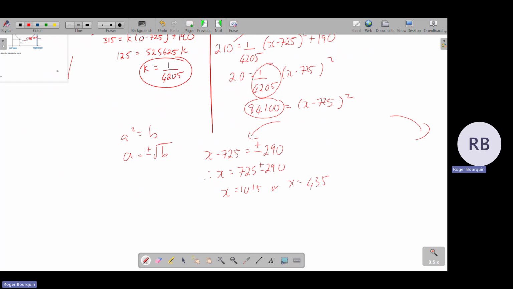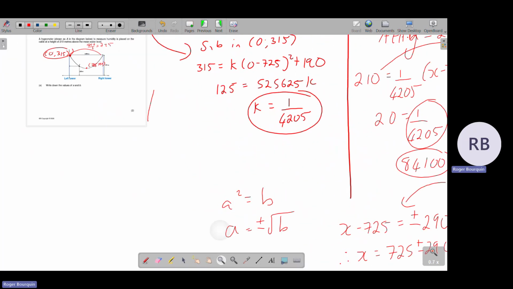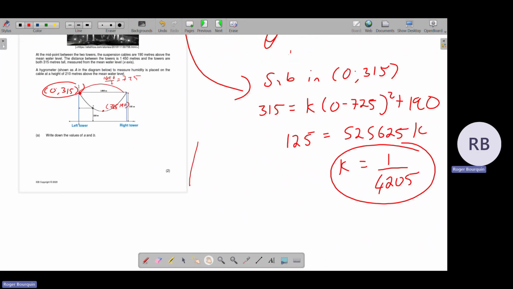So now you go look at your diagram and see which one's relevant. We're looking at the x coordinate at A. That x coordinate is smaller than 725. And what's smaller than 725? 435, eh? So the x coordinate of A is 435.